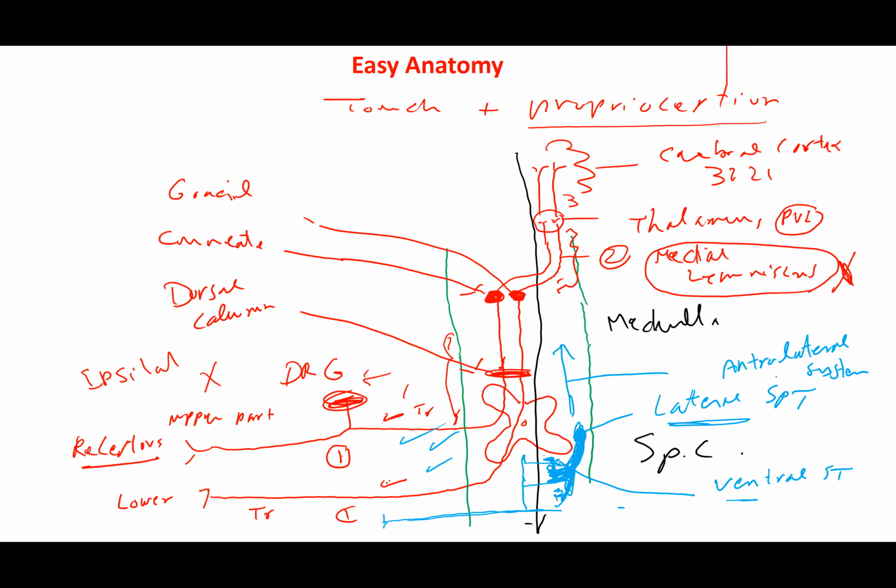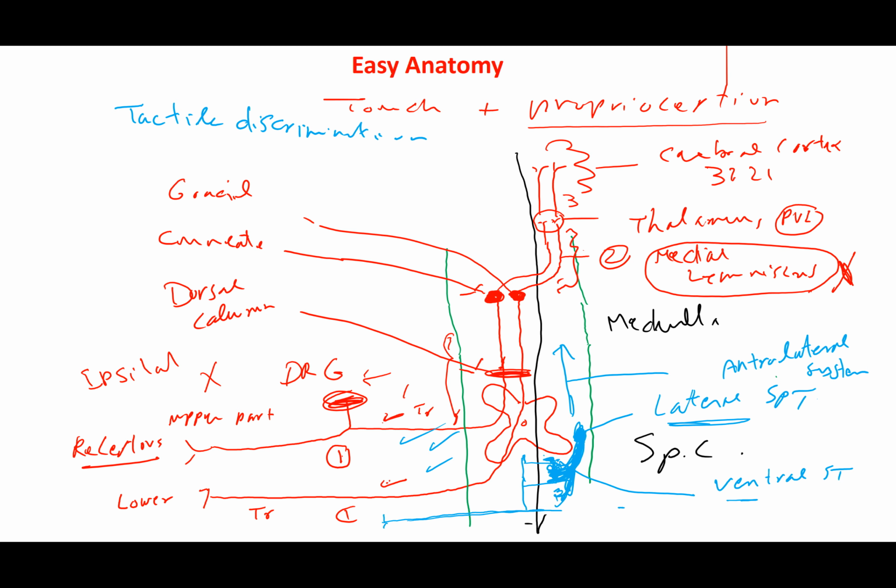Okay, please don't forget the ventral and the lateral spinothalamic tracts. So now we're done with the pathway of pain, temperature, and touch. Injury of the medial lemniscus or injury of the gracile or cuneate tracts leads to loss of tactile discrimination, which means you cannot differentiate what kind of object you touch if you close your eyes, whether you are touching a pen or coins.